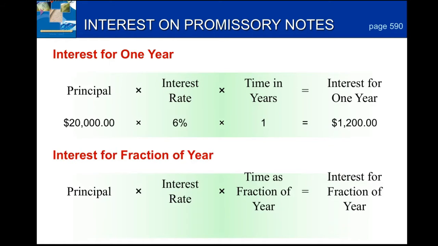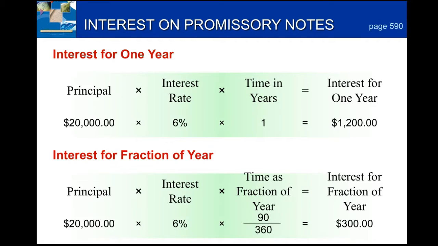So interest for a fraction of the year works the same way. $20,000 times 6% times 90 days divided by 360 days would equal $300.